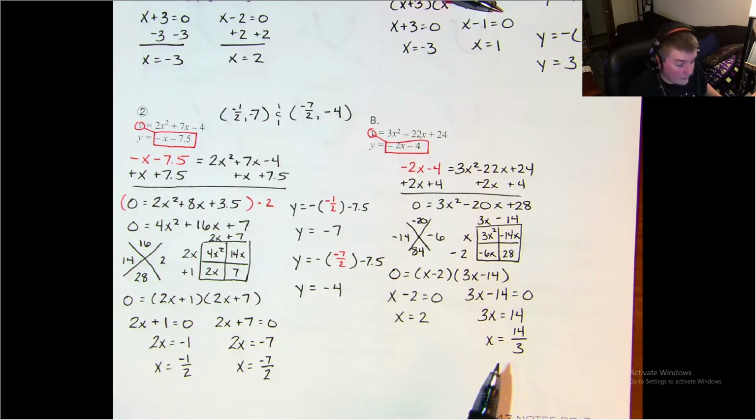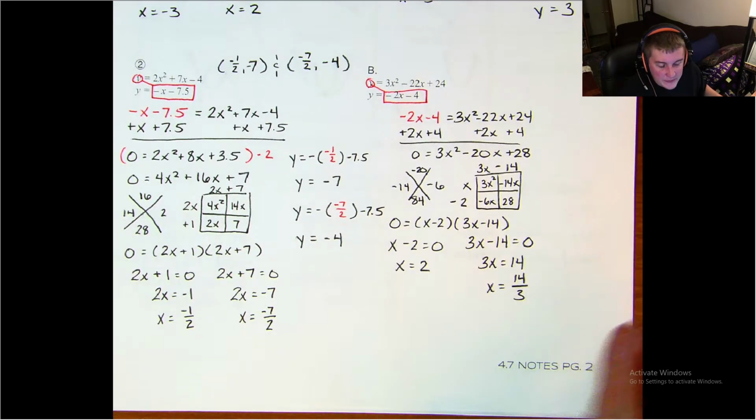This is going to be a great example that you're just not going to be able to use a decimal. 14 over 3 is 4 and 2/3, 4.6 repeating. So to get an exact answer, I want a fractional representation.